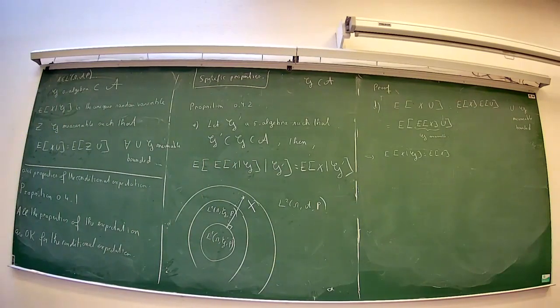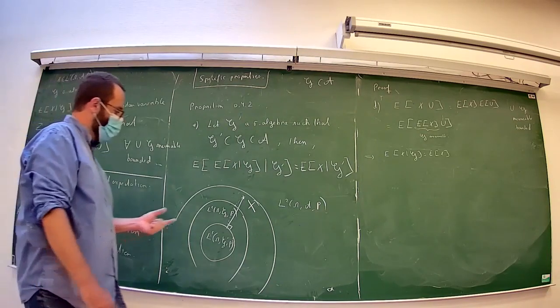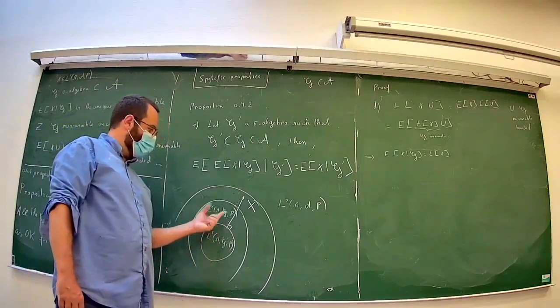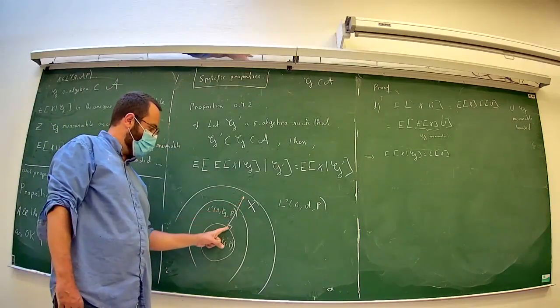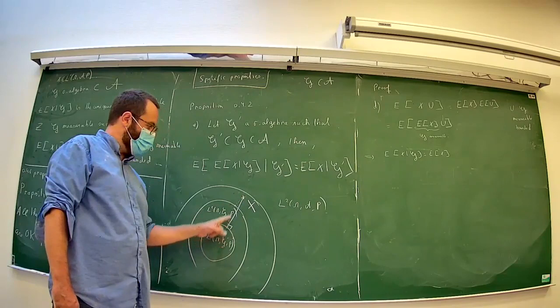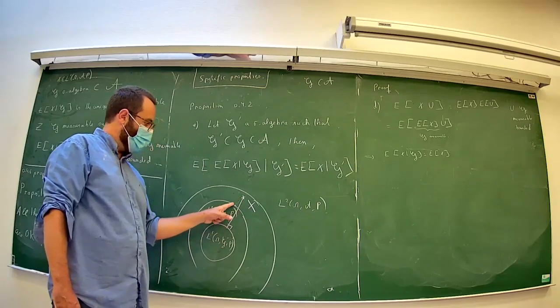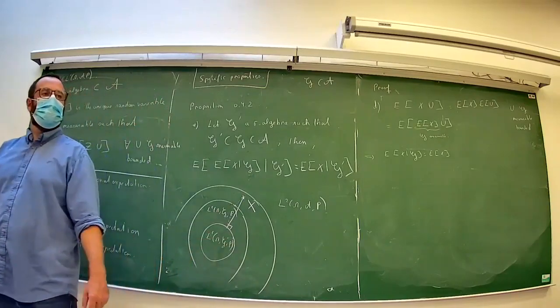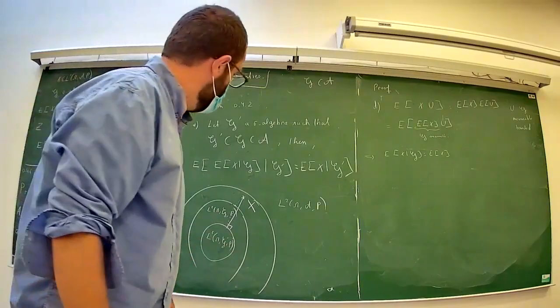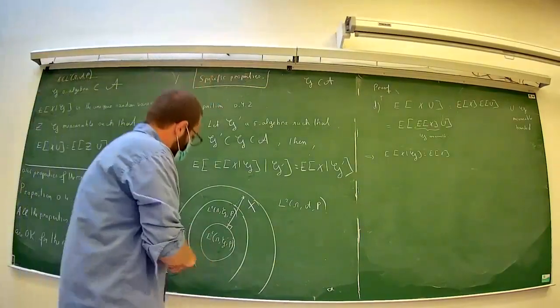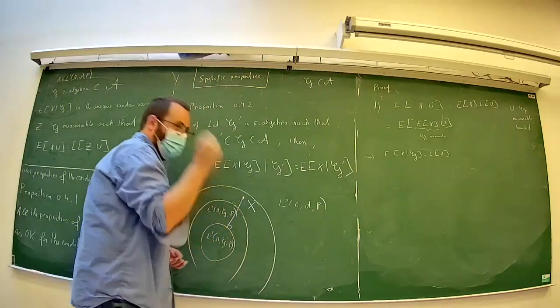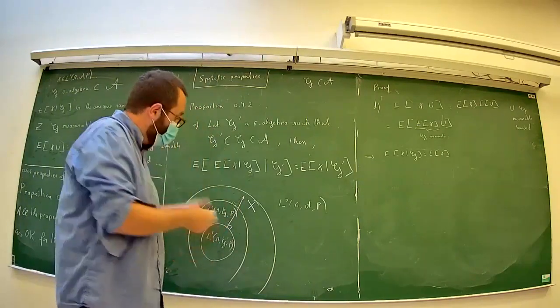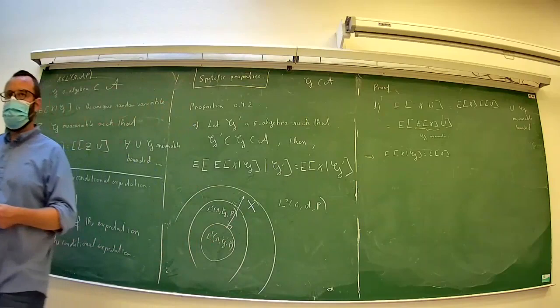With orthogonal projections here and here. If you have two subsets, one included in the other, if you directly project orthogonally on this one, it's the same as if you project here orthogonally and here. But I have one color and only one, so I do my best with this.